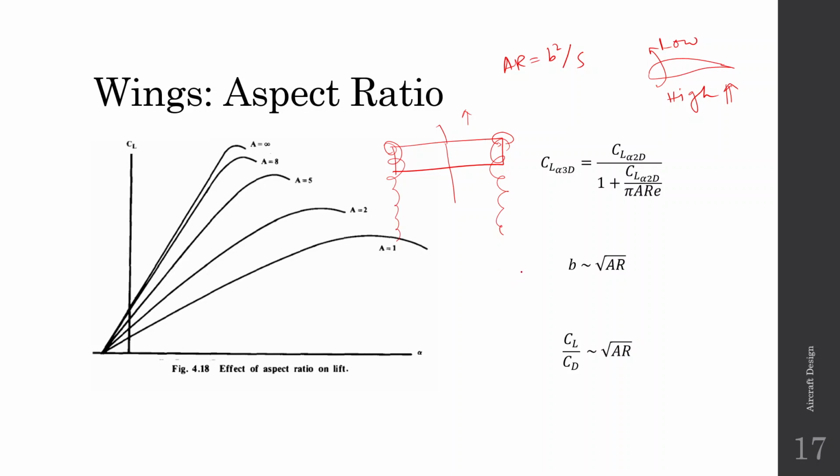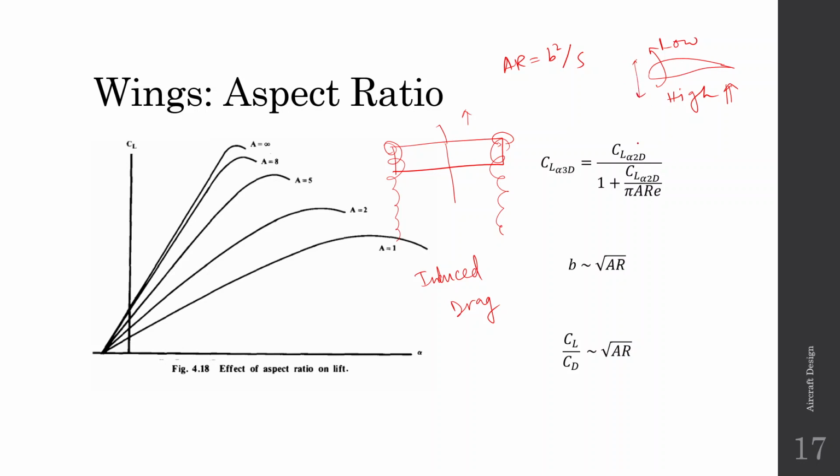So these vortices are generated and this is known as induced drag, and this is proportional to the lift, because when the wing is producing more lift, there will be more difference of pressure between the upper and the lower surface.